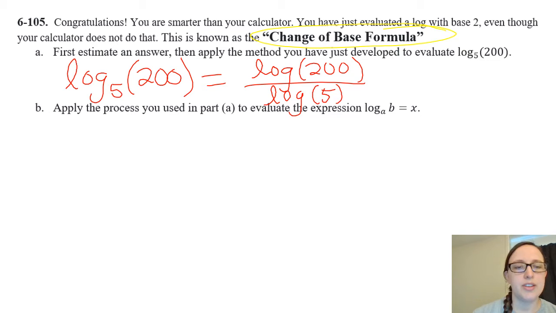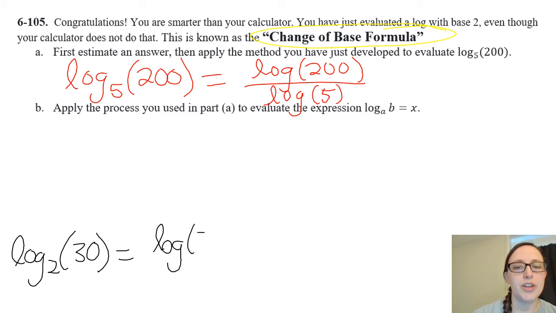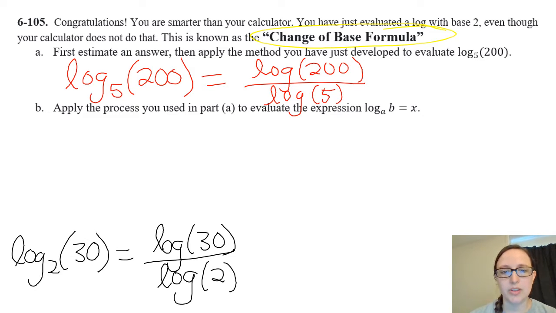Okay, so that's kind of what we did in that last problem. It was, I think, log base 2 of 30, and before we put it in our calculator, we put log 30 divided by log 2 when we solved for x. That was our last step. So you see how the big number goes on top, the base goes on bottom.